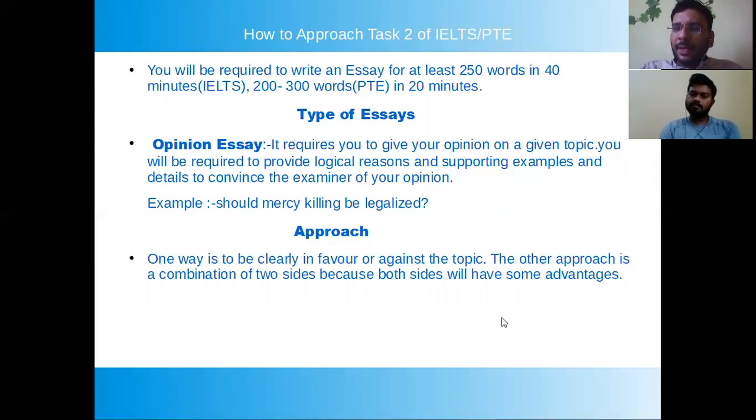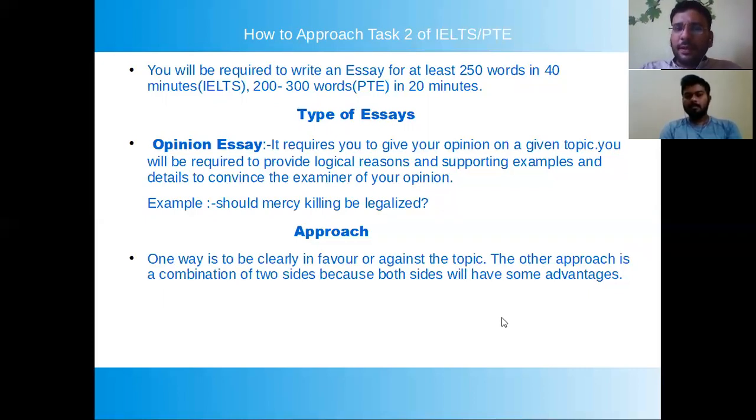Now, apart from that, you also need to make sure you're able to convince the examiner by giving relevant examples, reasons, and evidence, right? It's not just your opinion, it's about how well you're able to convince the examiner with reasons, examples, and evidence.